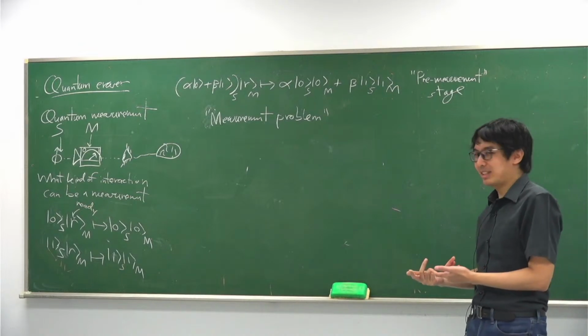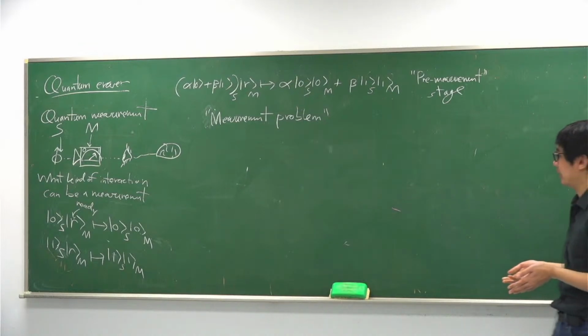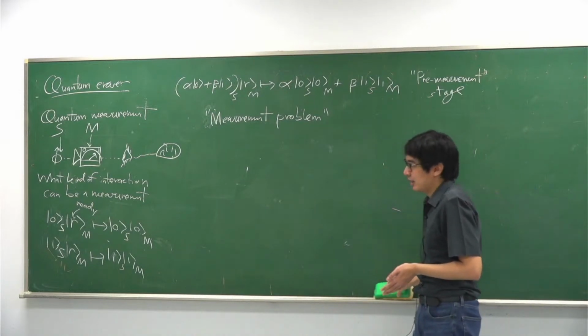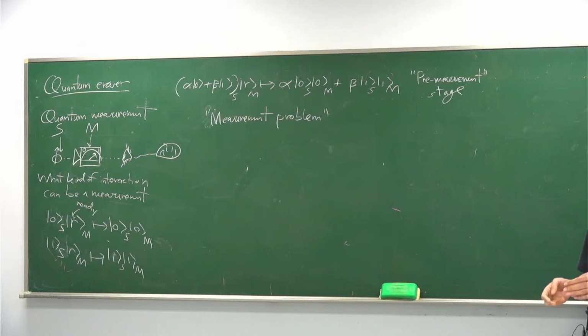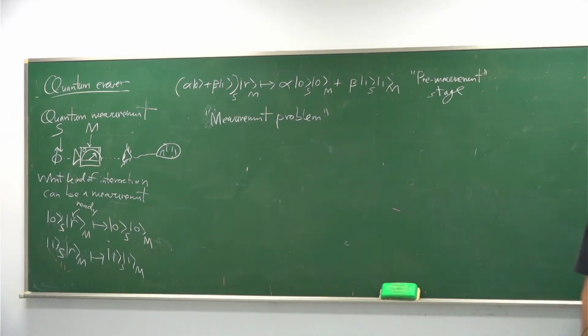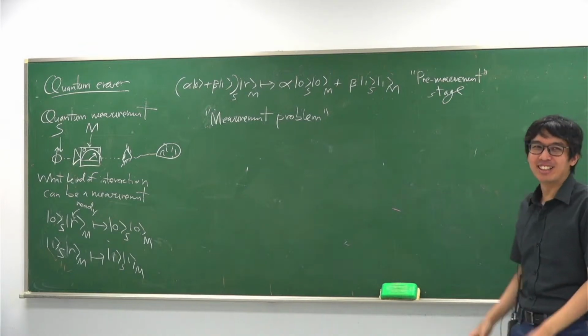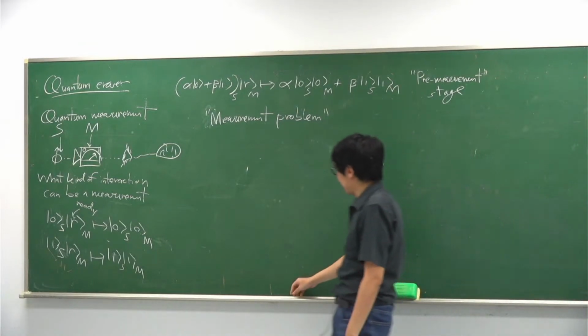But what counts as a measurement? There's no physical law written about what counts as a measurement and what not. So it's kind of like a Thai bureaucracy: there's no written rule, and depending on the circumstance, you can do this or do that. And when there's no strict rule, there's a problem, right?